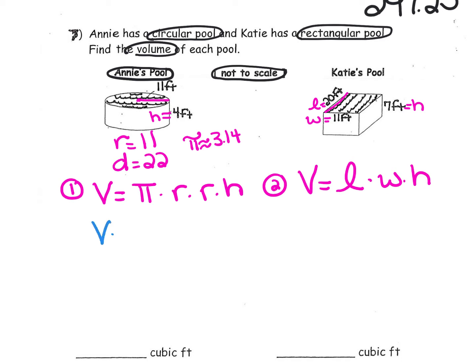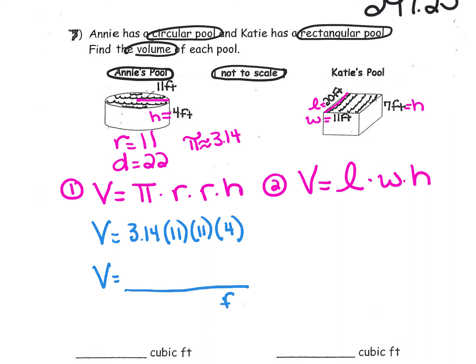So, in this case, pi is 3.14 times a radius of 11 times a radius of 11 times a height of 4. You're going to calculate the volume of the first swimming pool in a moment.